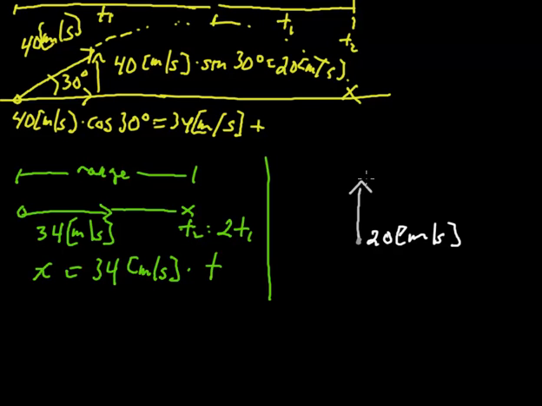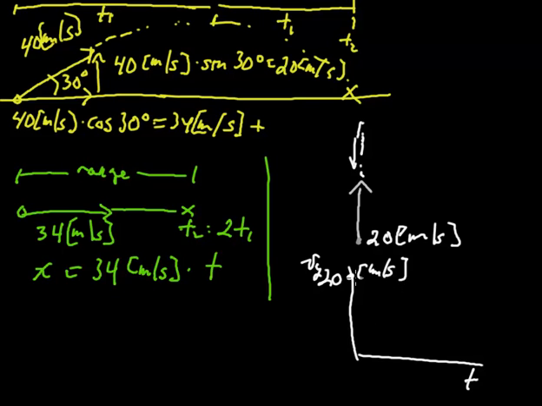Vertical problem goes, we throw a ball up, and at the very top it turns around and comes back down. The speed time plot for this in the y direction starts out at 20 meters per second and looks like this. The slope is negative 10 meters per second rise over a run of 1 second.